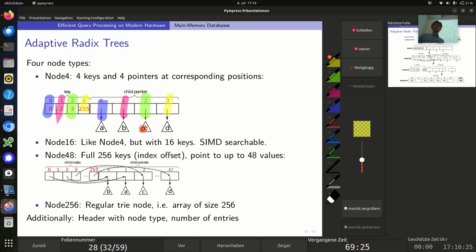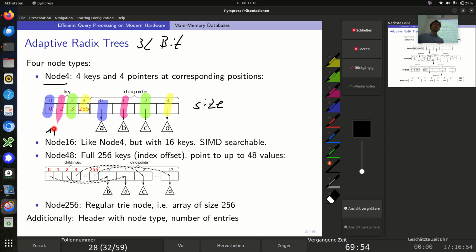other node. So now the question: if you have a 32-bit architecture, how big is the node? Node 4. How big is it? How big is one key? Or the part of the key we have?